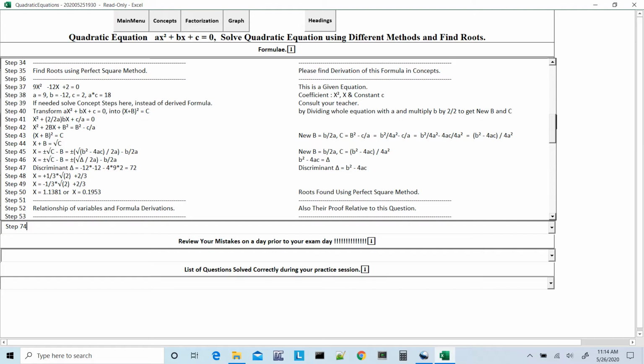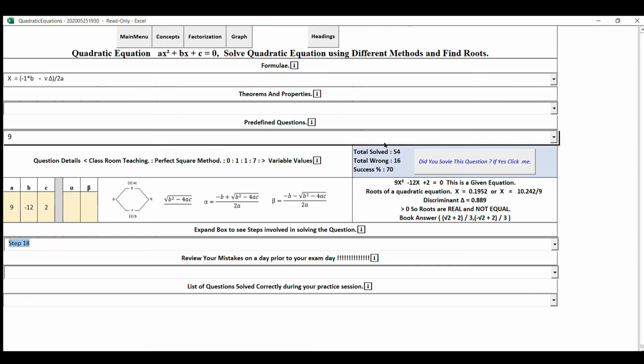And then the square root of c, look at step number 45, C is b square minus 4ac upon 4a square, which is square root of b square minus 4ac upon 2a. So this is the way sums are solved using square method. I hope you understood square method.